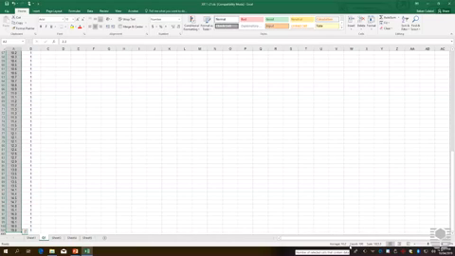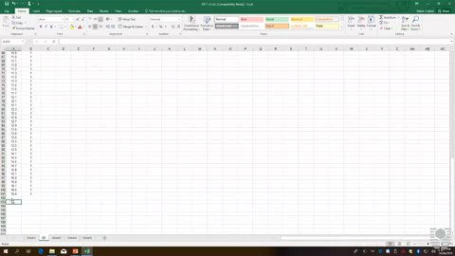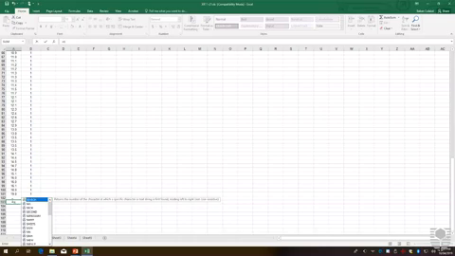Or there's another function down here: equal, for example, equal SD, standard deviation for sample, right?